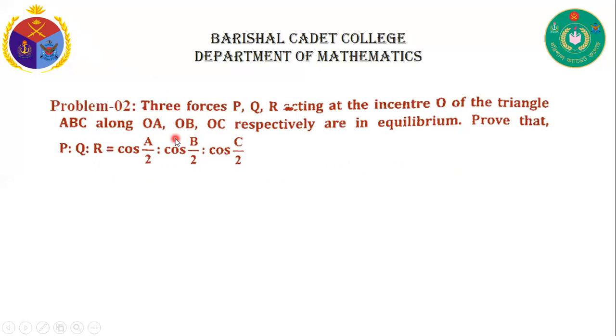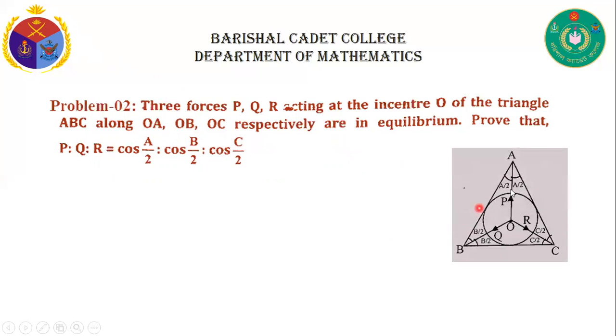So here is triangle ABC and O is the incenter, and along OA, OB and OC, the forces P, Q and R are acting. And you have to show that P is to Q is to R equal to cos A by 2 is to cos B by 2 is to cos C by 2.